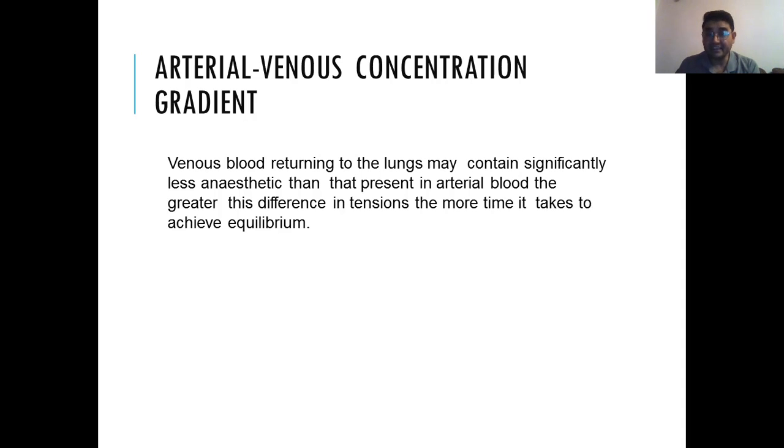The greater this difference in tensions, the more time it takes to achieve equilibrium. If this difference is high, the induction will be long. We need more time to achieve equilibrium. If this difference is low, the induction will be fast.